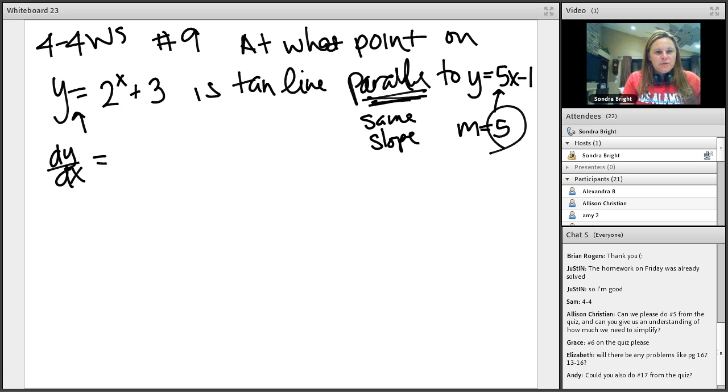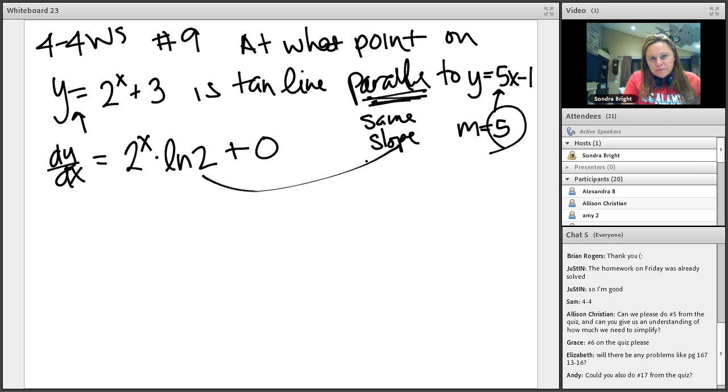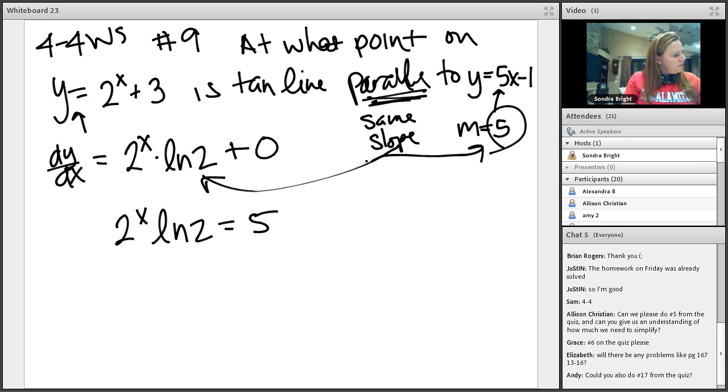So dy dx would be the derivative of 2 to the x, that's like an a to the x, would be 2 to the x times the natural log of 2, and then plus the derivative of 3 is 0. And so we want to set these two guys equal to each other. They have the same slope, so 2 to the x times the natural log of 2 is equal to 5. When does that happen? Divide both sides by the natural log of 2.